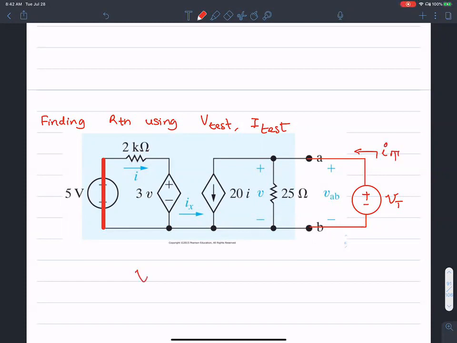So if I can calculate V test over I test, that gives me the resistance looking in, which is the R Thevenin. Okay, so let's see if we can do that.